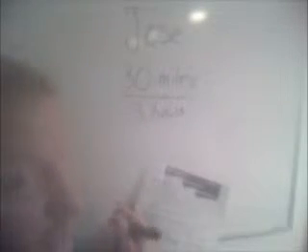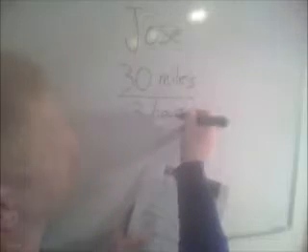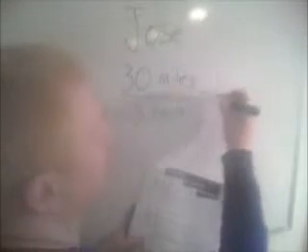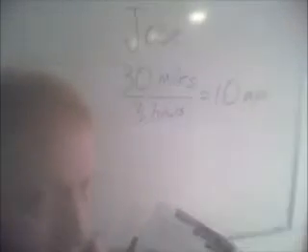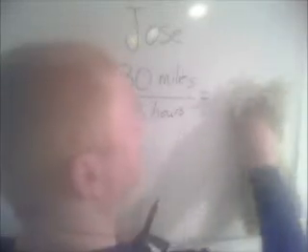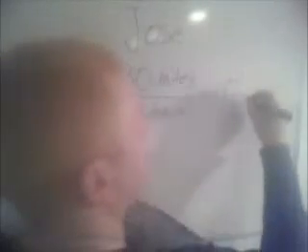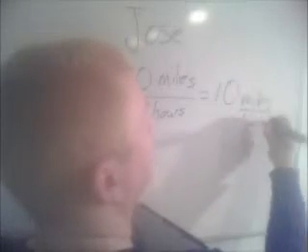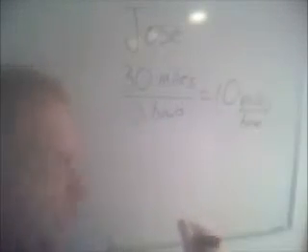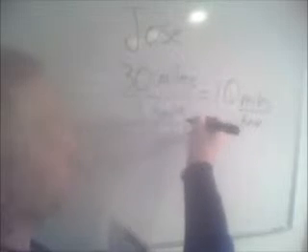So the average rate in miles per hour is 30 divided by 3 equals 10 miles per hour. Or a more mathematical way of putting that would be like this: 10 miles per hour, because that's the ratio that we're going, the ratio of miles to hours. Okay?